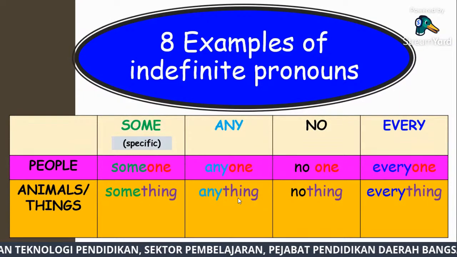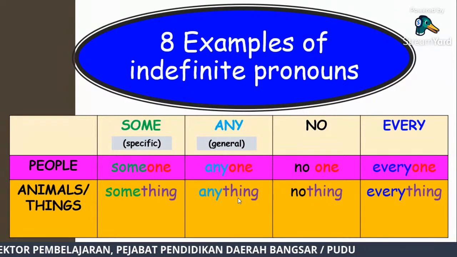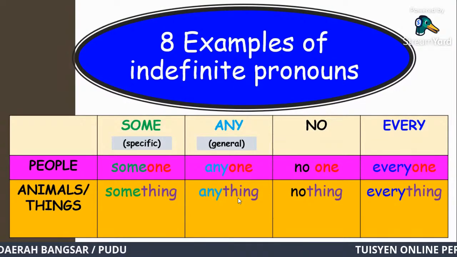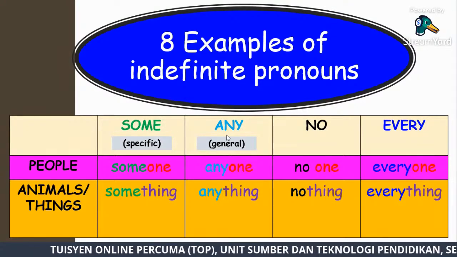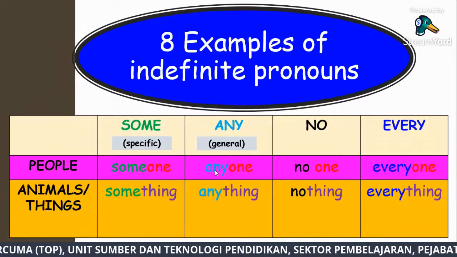And what is the meaning of any? It's general. Anyone, it could be anything. So it's very general. And you can see the difference between some and any, right? So that you have to know.